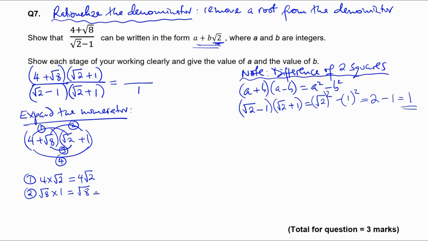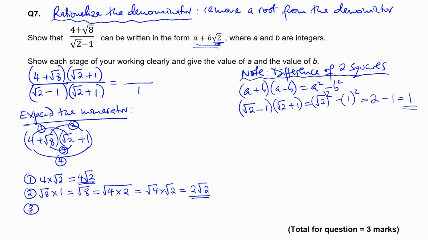So I'll rewrite 8 such that one of the factors is a perfect square. That will be 4 multiplied by 2. And this is the same as square root of 4 multiplied by square root of 2. Now we know that the square root of 4 is 2, so that's 2 root 2. Okay, so we have these two answers.